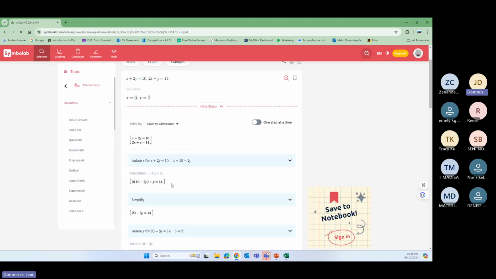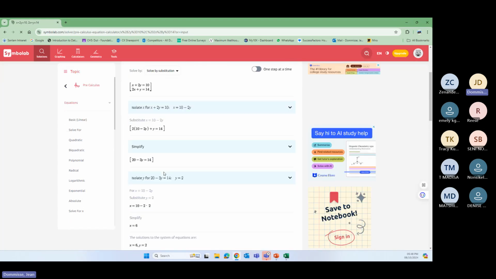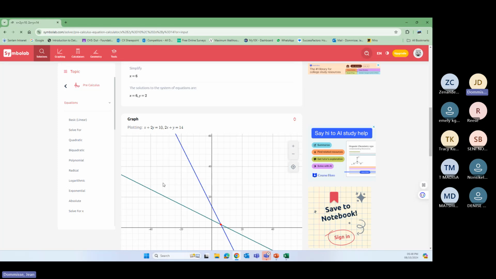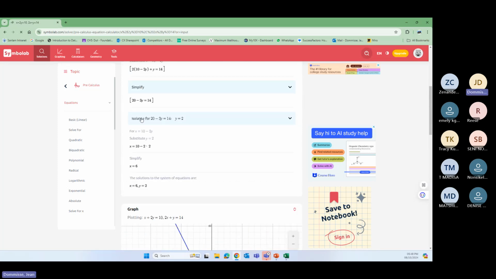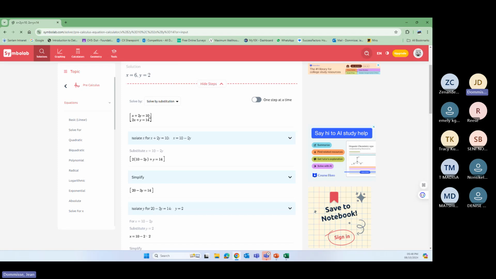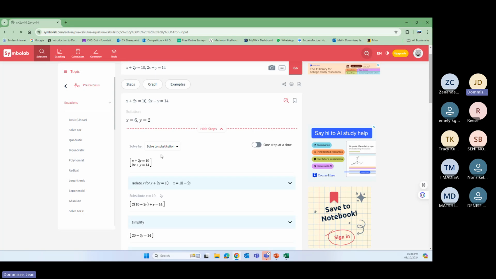So what they also do is give you a lot of help, if you need to see how to work it out. They show you how to work it out. Sometimes they show you by substitution. You can then choose substitution or elimination.